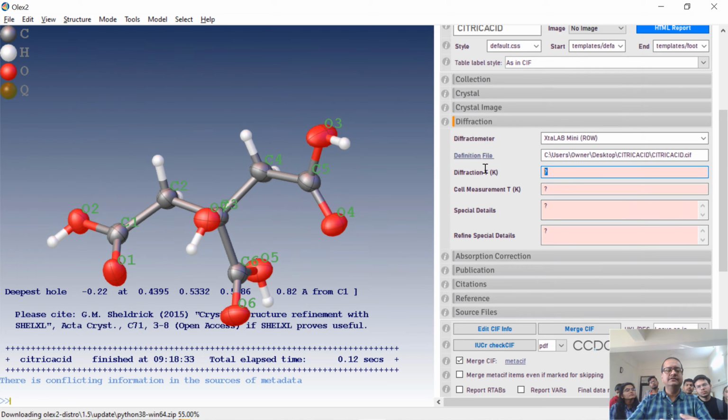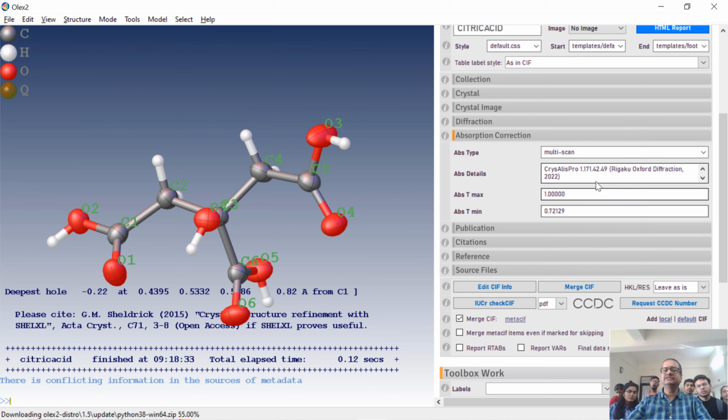Data was collected at 296 Kelvin or 298. If you think that the temperature is 25 degrees centigrade, 298 Kelvin. Absorption correction was done by default using Chrysalis Pro, and all other informations are not necessary to be given.